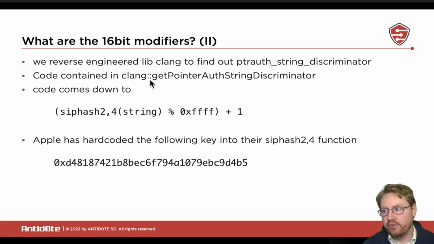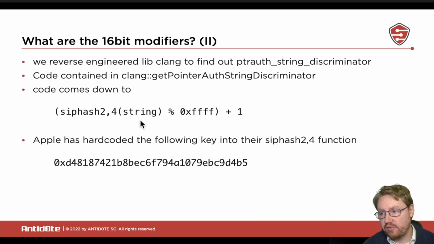And then I reversed this function and I figured out that the code basically comes down to calling SipHash 2-4 on the string, doing a modulo 0xFFFF and adding a 1 to the result. So if you know what SipHash is, you would know that SipHash is actually a keyed hashing function.